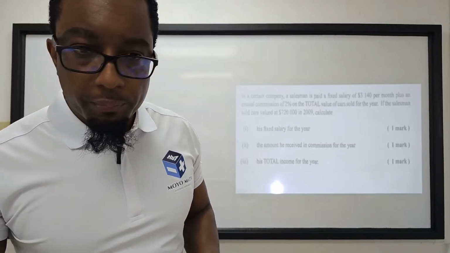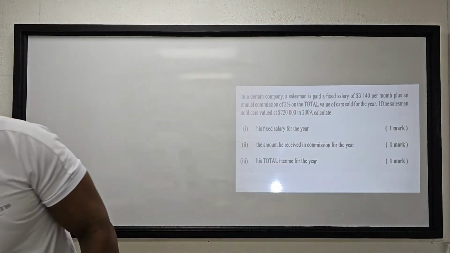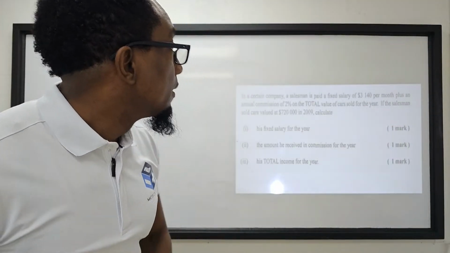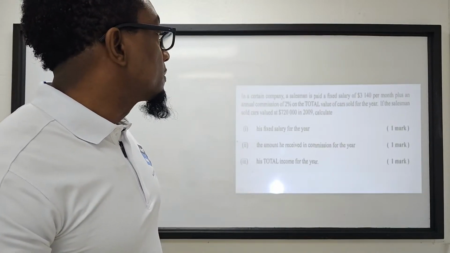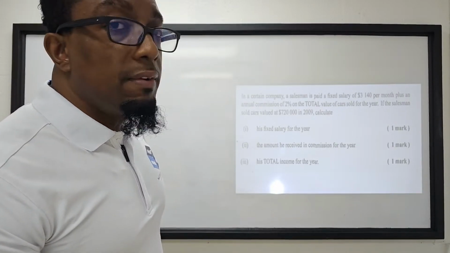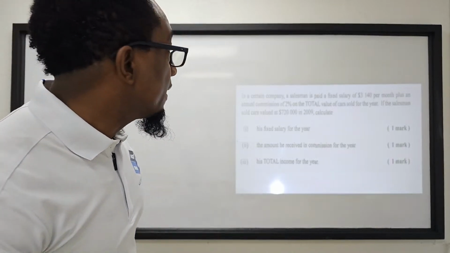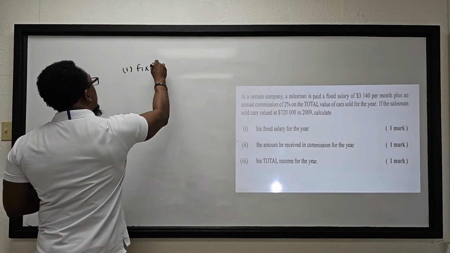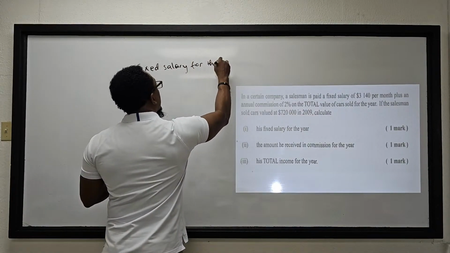So, to determine his fixed salary, what do we do? We are going to multiply $3,140 by 12 months because we want to determine what is the fixed salary for the year. So part 1 is fixed salary for the year.